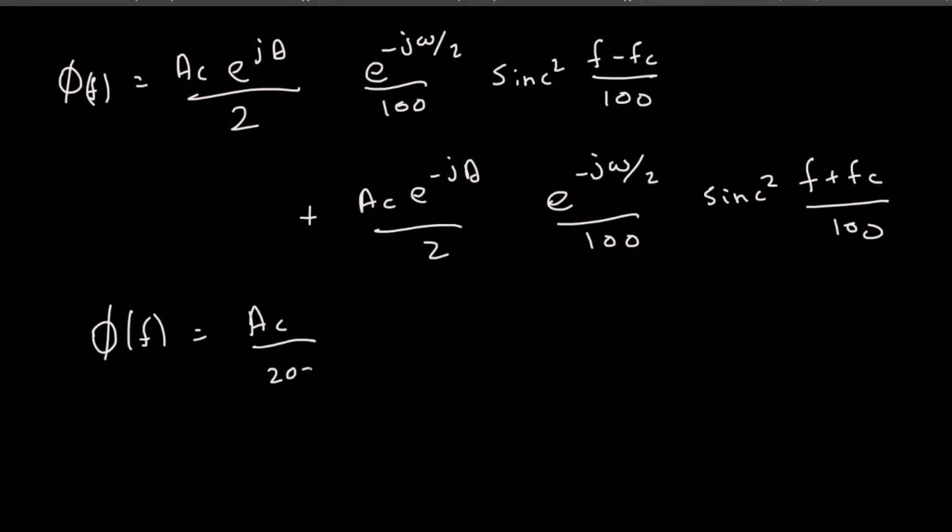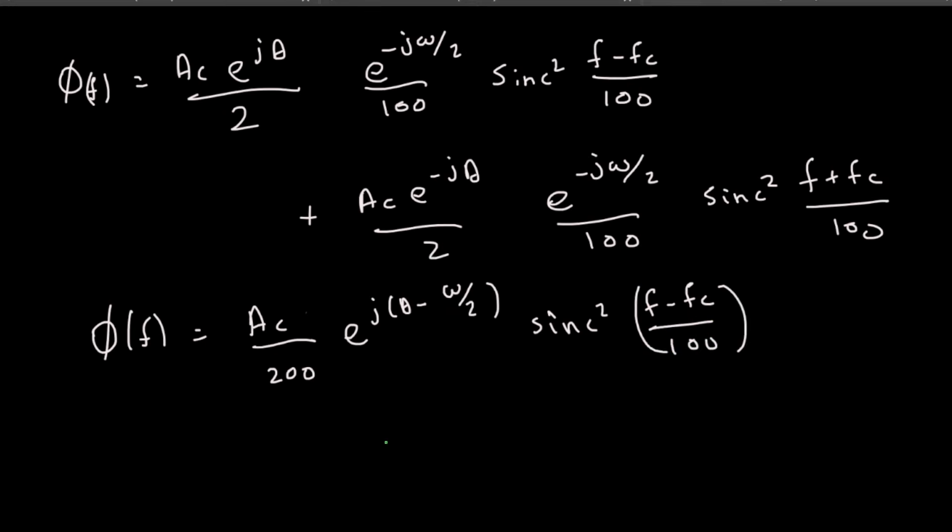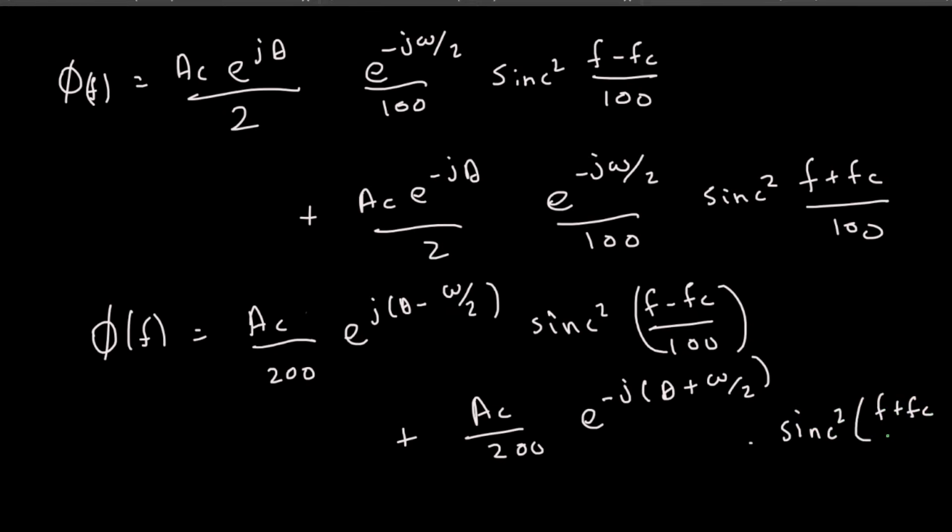So this is A C over 200, e power j theta, and instead of j theta we can write e power j theta minus omega by 2, and then sin square f minus fc over 100, and then plus A C over 200 e power minus j theta plus omega by 2 times sin square f plus fc divided by 100.